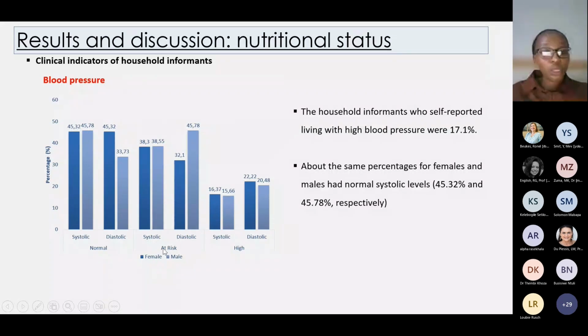And coming to those at risk, we can see that males were more at risk when it came to their diastolic levels.